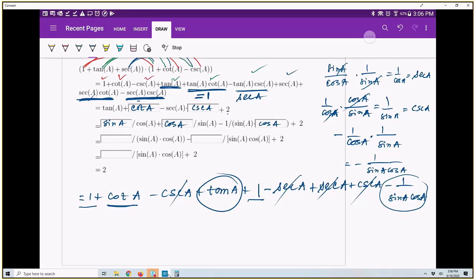Now you find the common denominator, so you multiply this one by sine on top and bottom, and this one by cosine on top and bottom, so that I get the common denominator of sine A cosine A. So what do I get? I get sine squared A plus cosine squared A, and I know that that is going to be 1. So it is 1 over sine A times cosine A, minus the other term that I had, which is also a 1, over sine A cosine A.